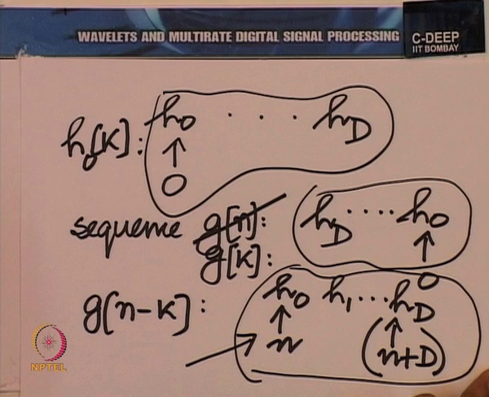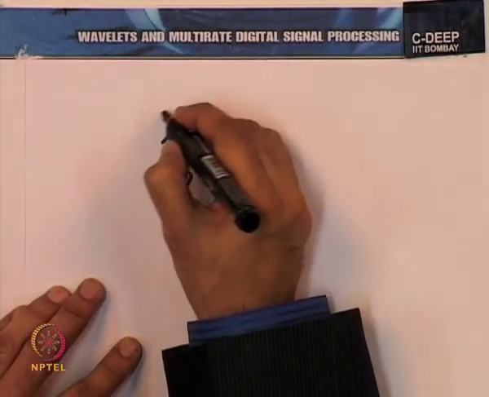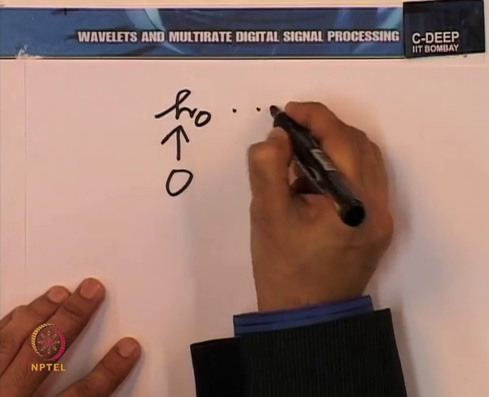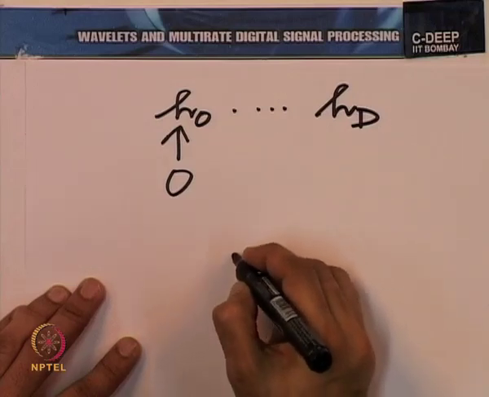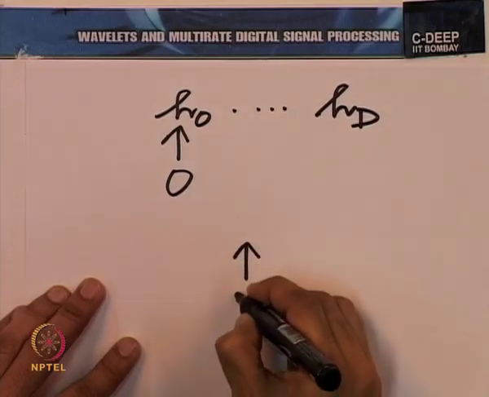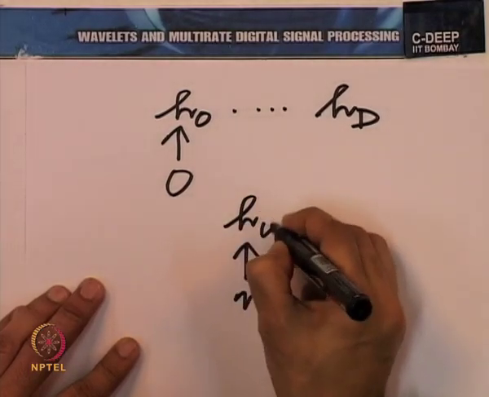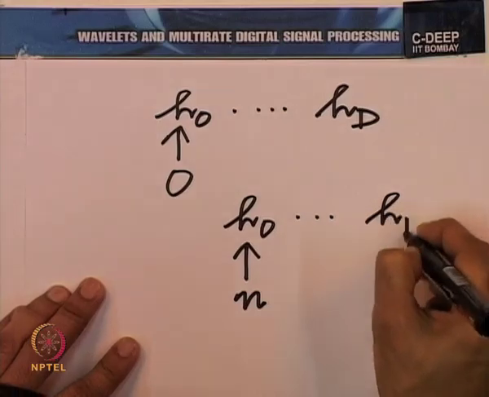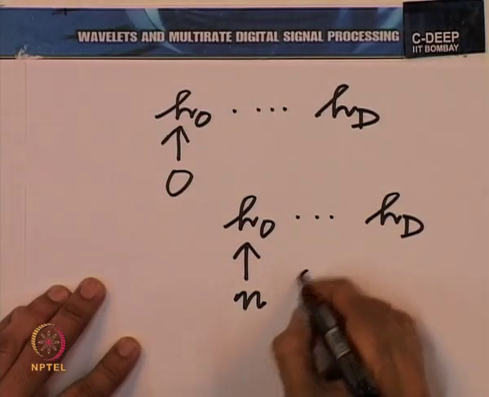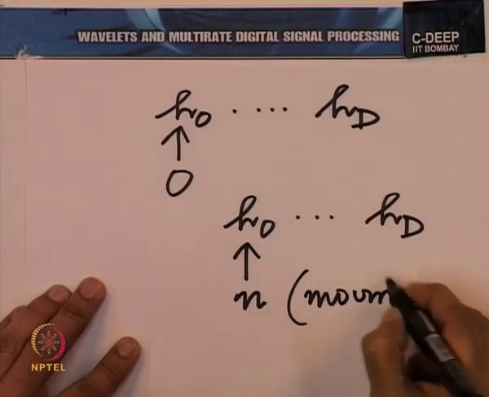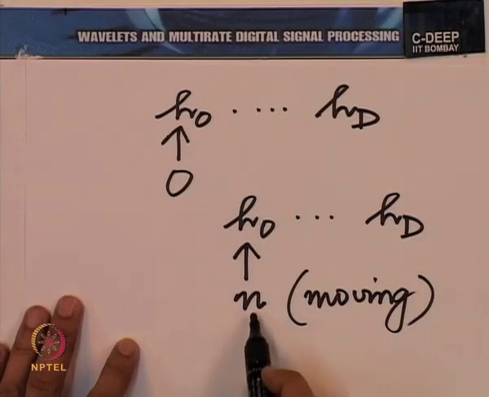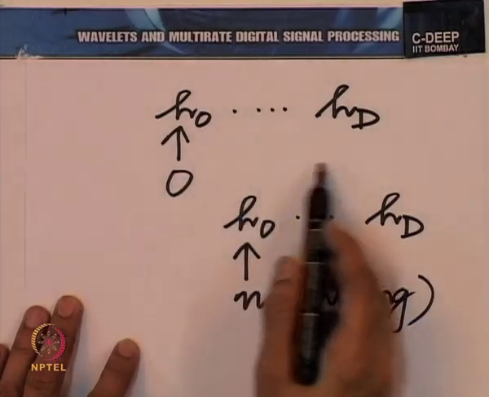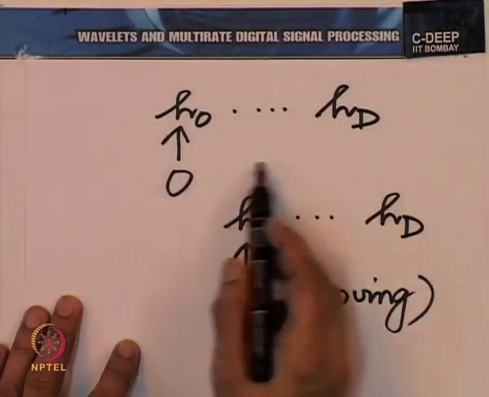We are saying we have this so-called static sequence, and this is going to move around. n is moving. So, you can visualize the situation. For different values of n, this lies at different locations with respect to the static sequence.